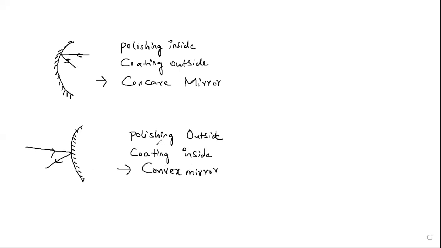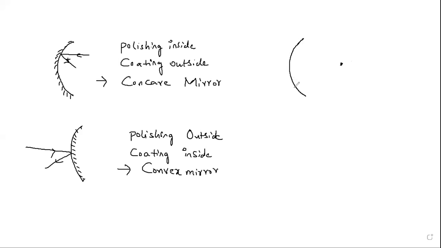Okay. Now let's come to some important points from here. So this is your spherical mirror. Now the spherical mirror is part of a circle, so in the sphere, the center will come.